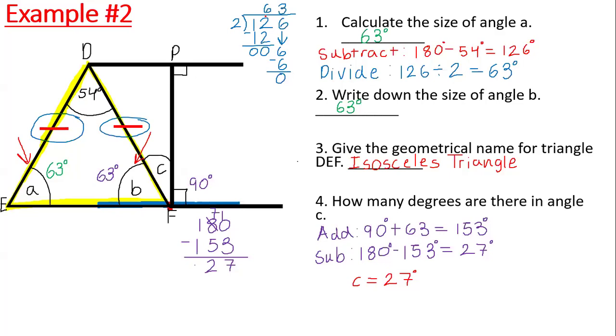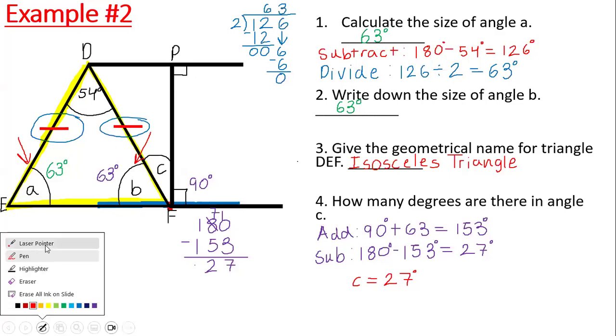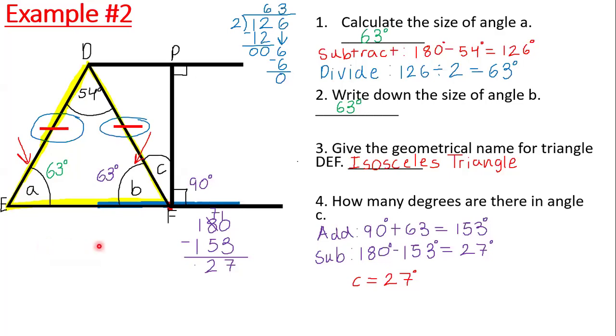I'm trying to understand how you get 63 plus 90. Oh, okay. Remember they're on a straight line, right? They have this common point. So this angle and this angle must all add up to 180 degrees.